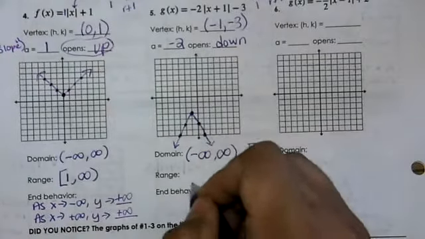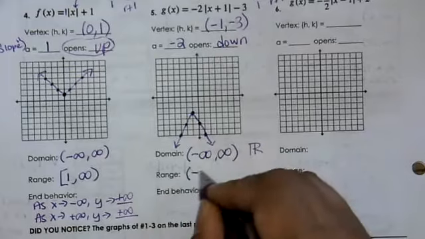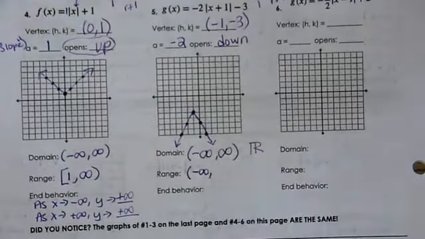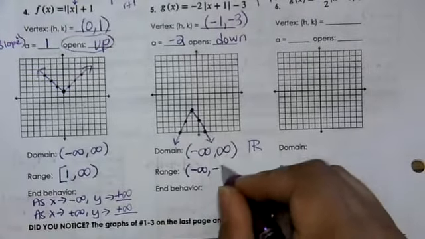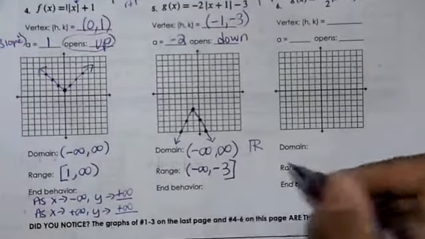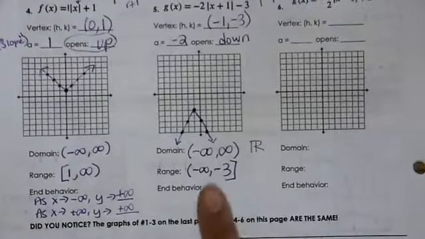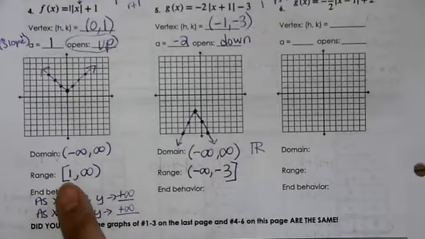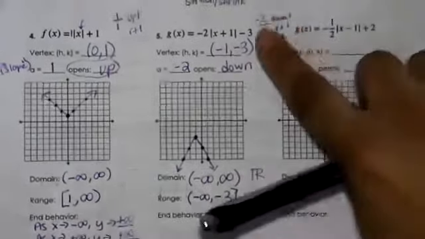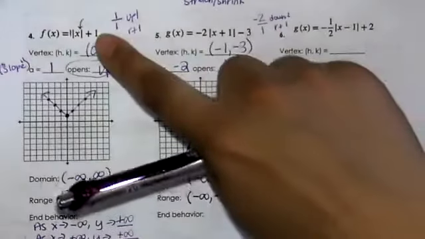So this range is going to look a little different now. It's going to start with -infinity because it's going down forever, but then it'll stop once it gets to -3. And then you'll put a bracket. So the range gets its Y value from the K value, the last number there. If you notice, this one's a 1, this one's a -3.